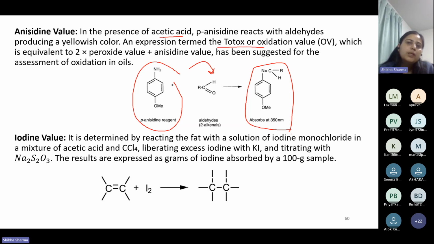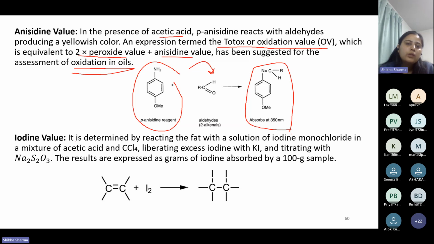It is usually expressed in the Totox or oxidation value, which equals 2 times the peroxide value plus the anisidine value, and it is used for the assessment of oxidation in the oil.